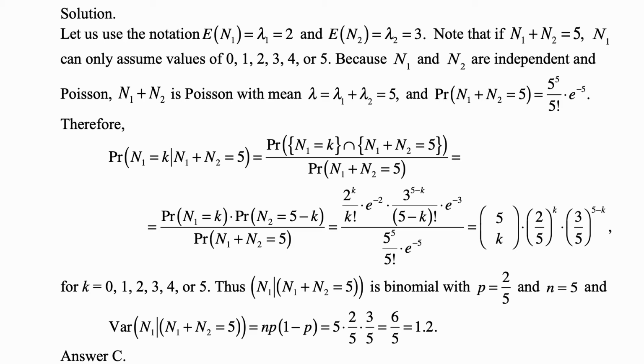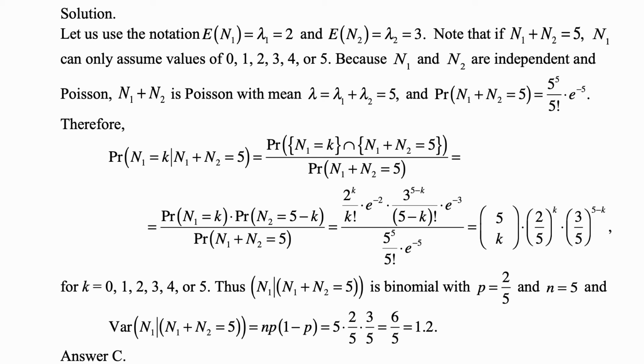Well, the probability that n1 is k is 2 to the k over k factorial times e to the minus 2. The probability that n2 is equal to 5 minus k is equal to 3 to the 5 minus k over 5 minus k factorial times e to the minus 3. And the probability that n1 plus n2 is 5 is 5 to the 5th over 5 factorial times e to the minus 5.